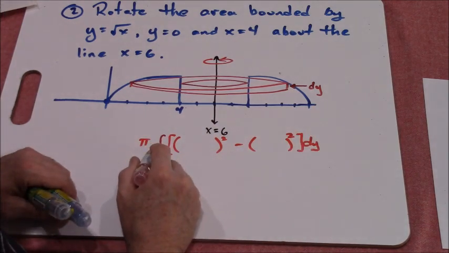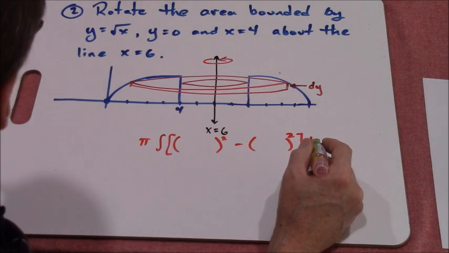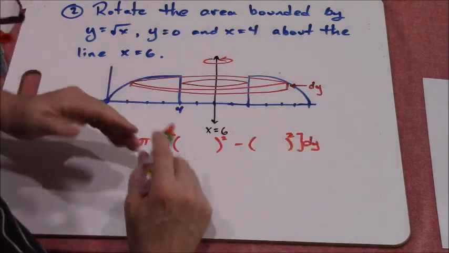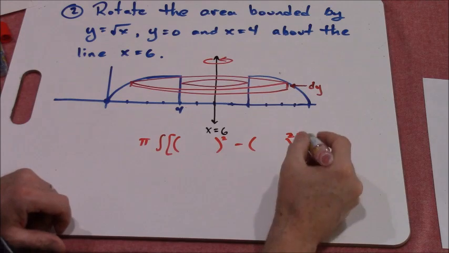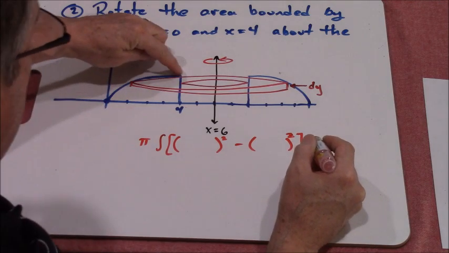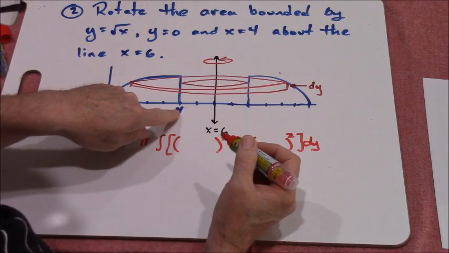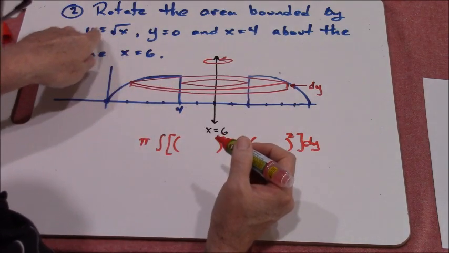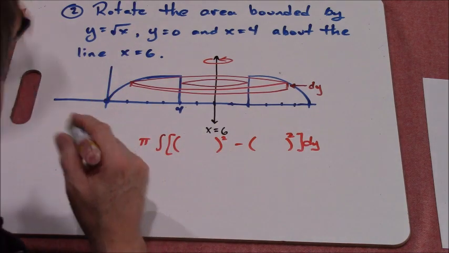And I've got to figure out, these washers are going to stack from what to what. I've got to think in terms of y values. So, if these stack like this, it means they start off at y equals 0, and they're going up to, let's see, whatever we get right here. So if I take 4 and plug it back in, I get y equals the square root of 4, which is 2.